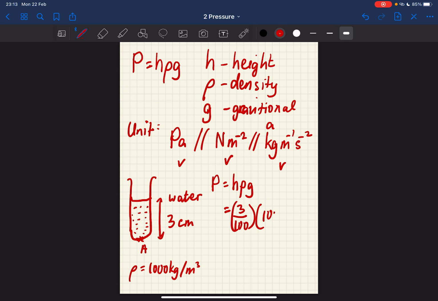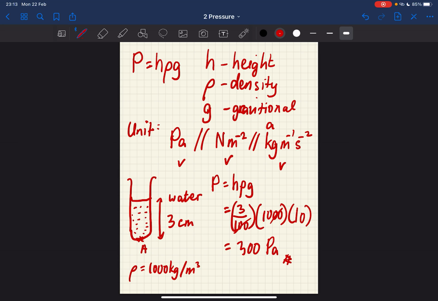Then substitute here. And also the gravitational acceleration, we put 10. So based on this simple formula, we get that the pressure of water at point A is equal to 300 Pascal.